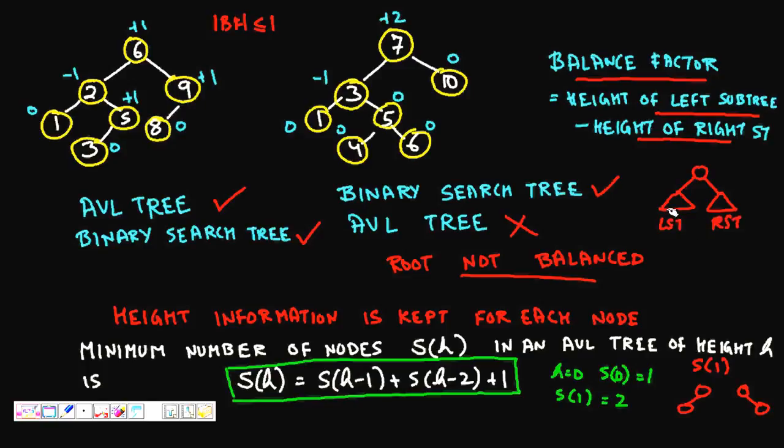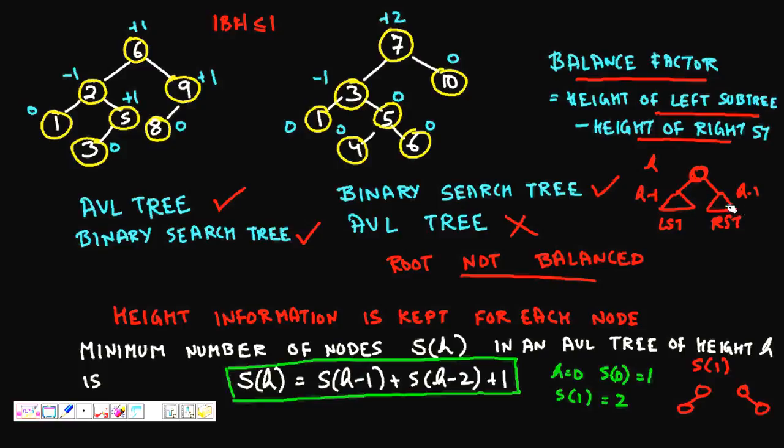Let's say the total height of this tree is h. This means if I remove this root node, the subtree will be of height h minus 1 maximum, because one node I have taken.